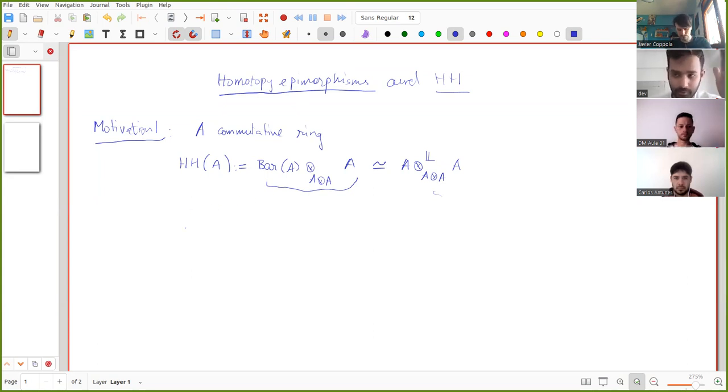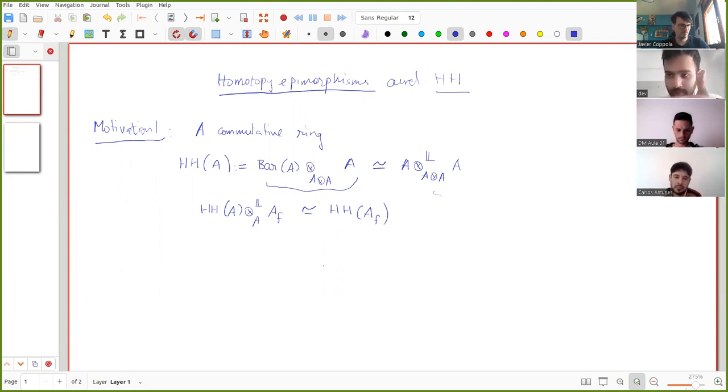Okay, so as I was saying, in many different types of proofs, including that of the Hochschild-Rosenberg theorem, what you want to show is that if you base change Hochschild homology with the localization of a commutative ring at some element, then this is the same thing as the Hochschild homology of the localization.